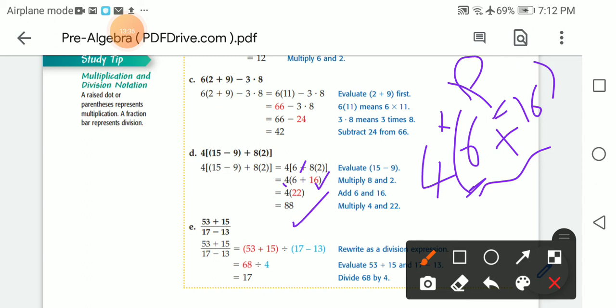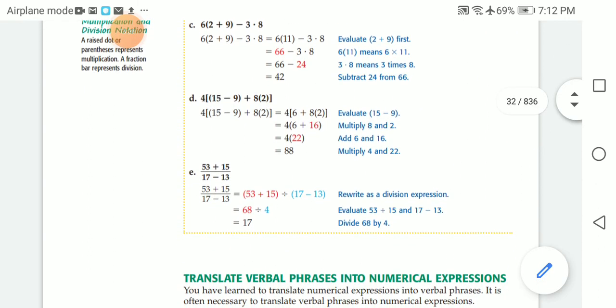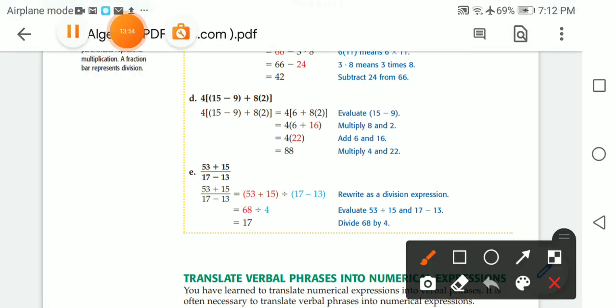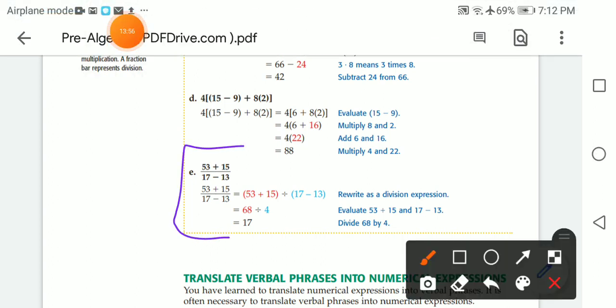Okay, let's see example 2. I have here 53 plus 15 all divided by 17 minus 13. How can we write the expression?